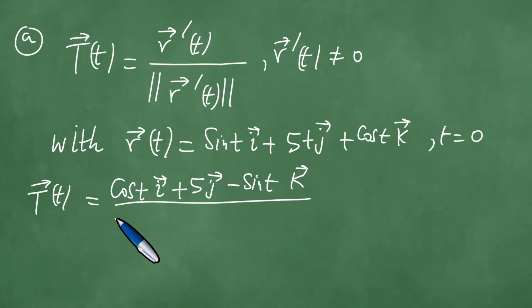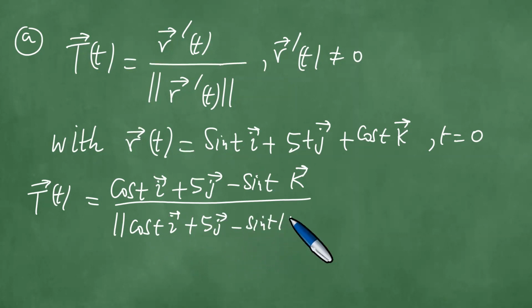And then now you divide these by the length. Cosine t i, 5j, k. And this is exactly what we have here.